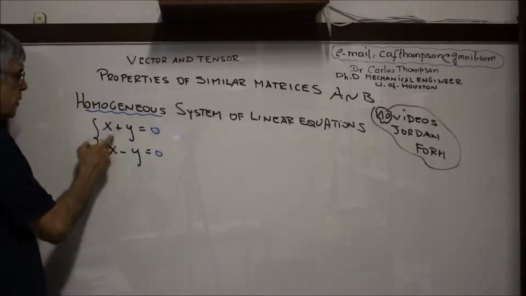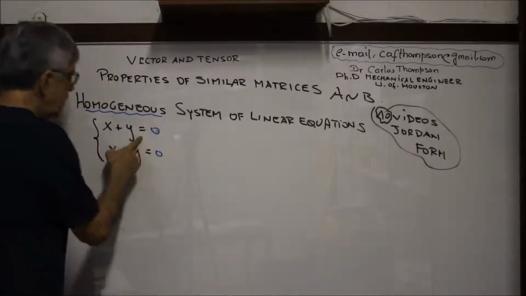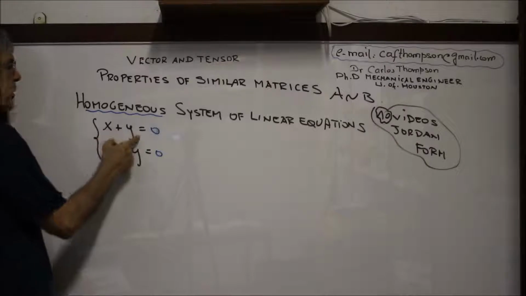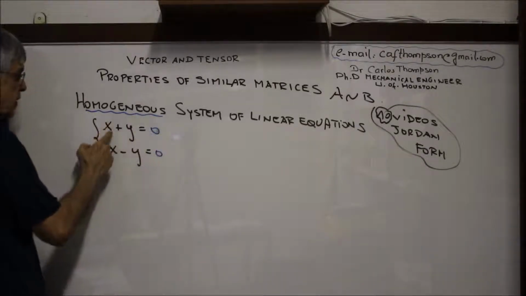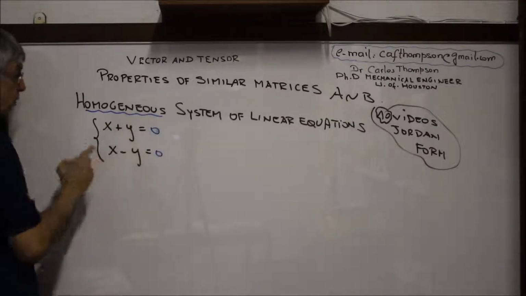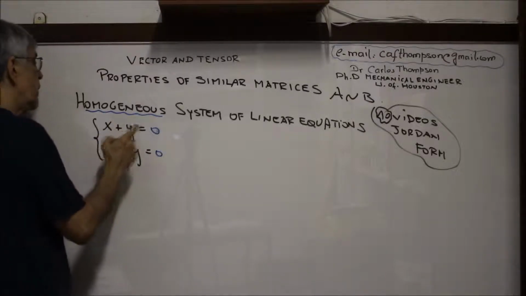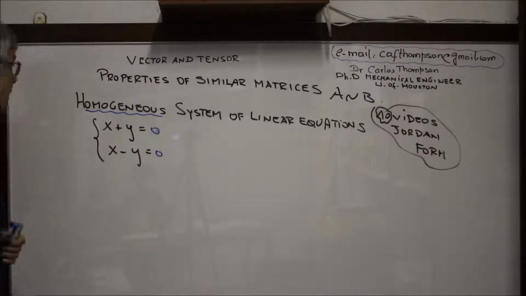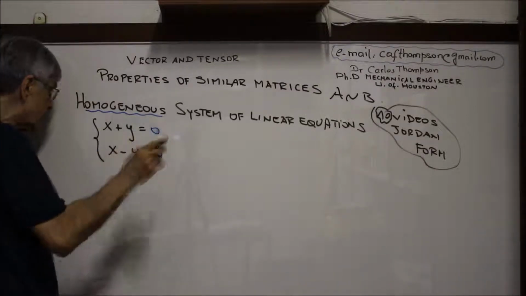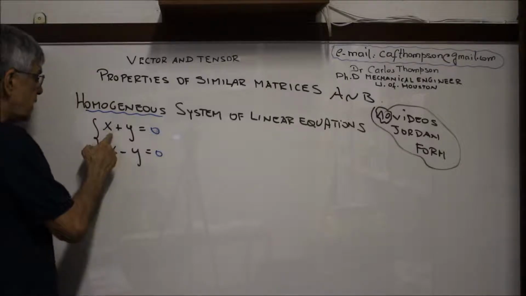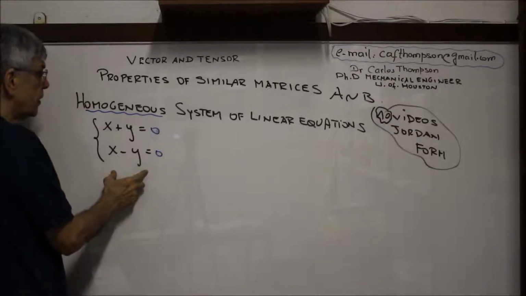So, without solving, let's see. We add two numbers. For instance, 7 plus 3 is 10, 6 plus 4 is 10. But 6 minus 6 is 0. So 6 and minus 6 satisfy this equation here, but not the other, because 6 minus 6 is 0 but 6 minus minus 6 is 12.